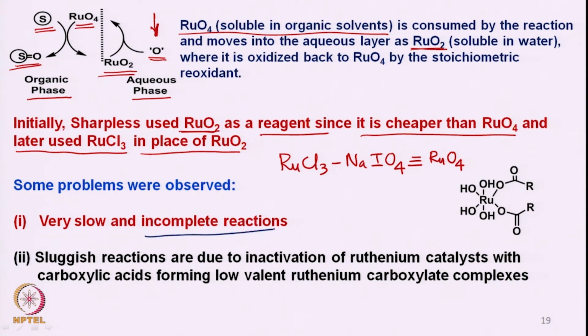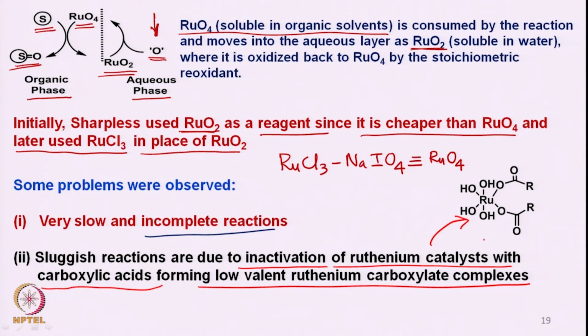This happens in cases where a carboxylic acid is formed. The sluggish reactions which are observed are due to the inactivation of ruthenium catalysts by carboxylic acids, which form low valent ruthenium carboxylate complexes such as this.